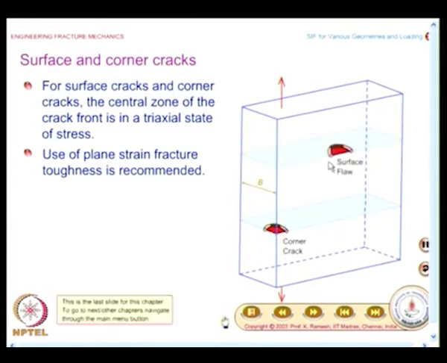We all know that it has a curved crack front, and the stress intensity factor varies along the curved crack front. And if you consider a cylinder of material close to the curved crack front, the inner zone is experiencing a triaxial state of stress. This is depicted by a shaded region.